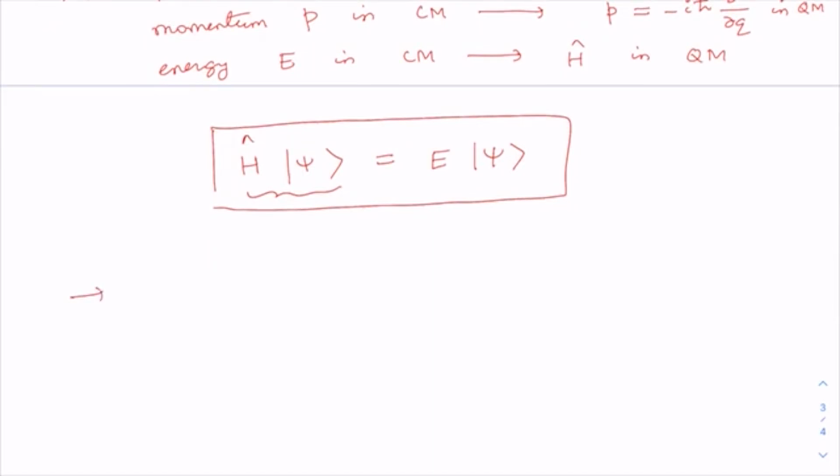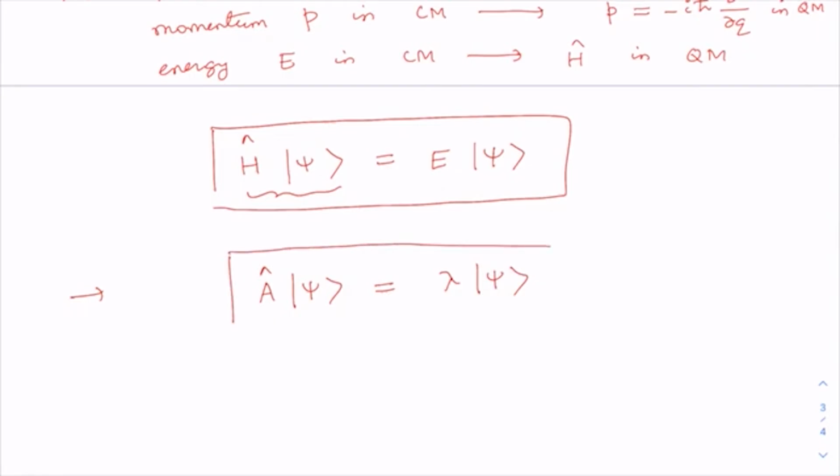Whenever we have an equation of this type, say for a physically observable quantity A, we have this operator A cap. It operates on the state vector psi, and if it pops out a value lambda, which is a real quantity, because the observable has to be measurable, so lambda has to be real, and the state vector remains unaffected.